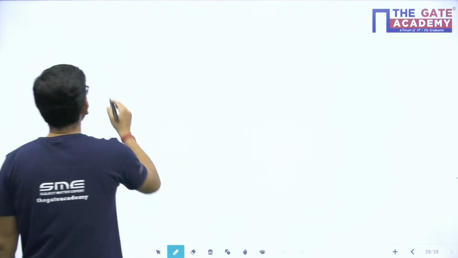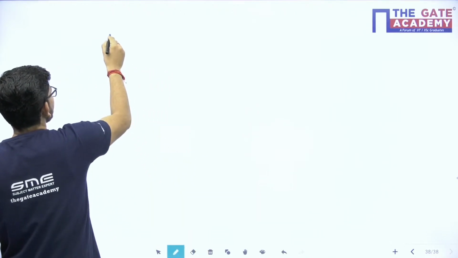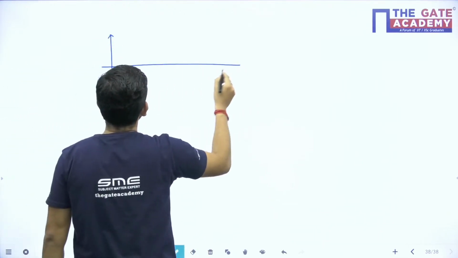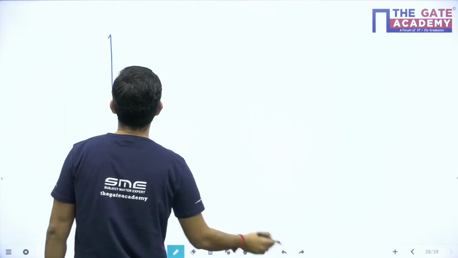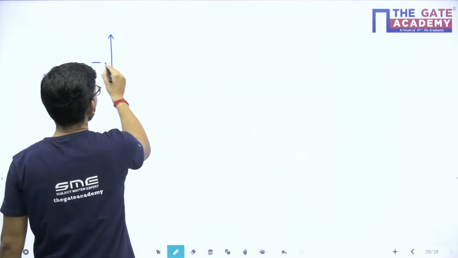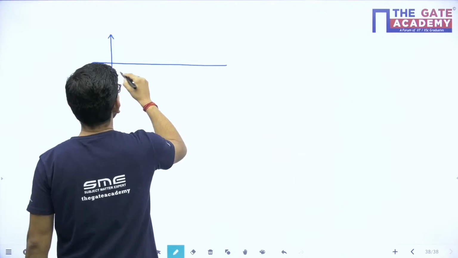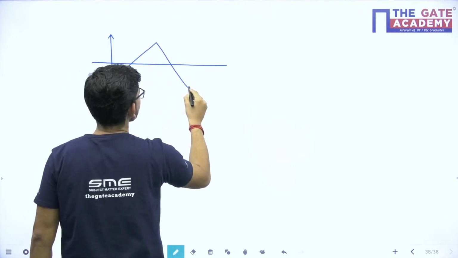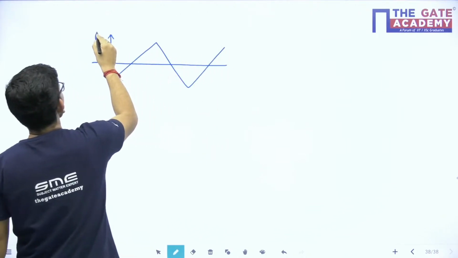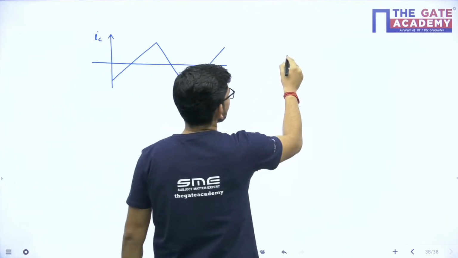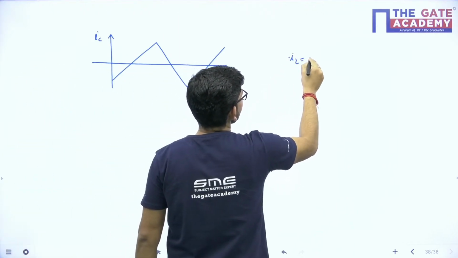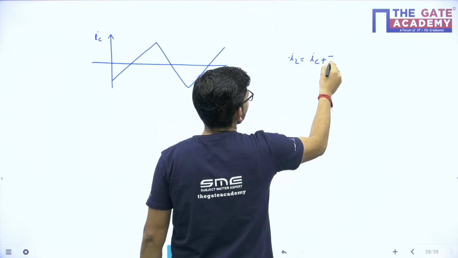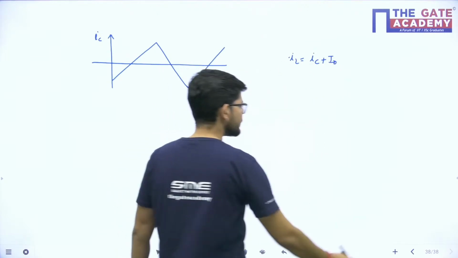Now if I talk about the capacitor current, what will be its value? Just tell me. Isn't the capacitor current going to look like this? So how do we get the capacitor current? See, inductor current is basically equal to capacitor current plus I naught, isn't it?